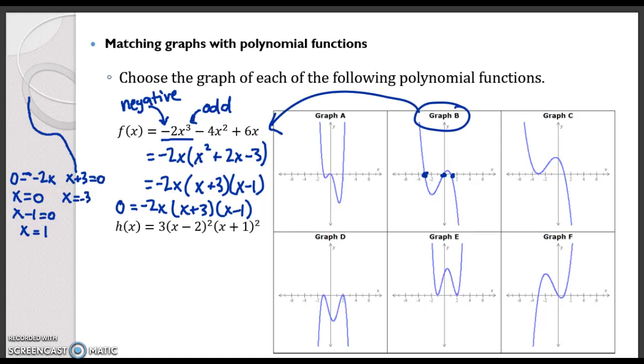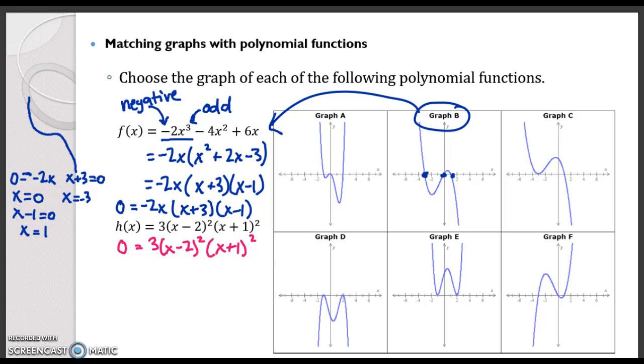Okay, what about h? Well, h, since it's already in factored form, let's first look at the zeros. Let's backtrack just for a minute. 0 equals 3 times x minus 2 squared times x plus 1 squared.